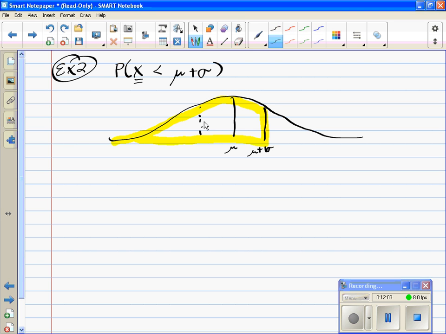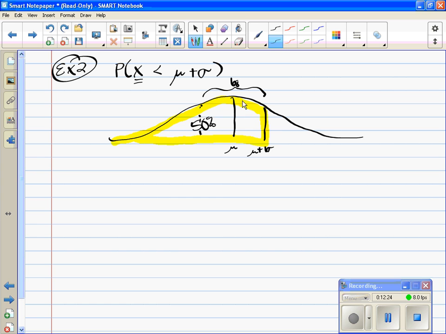Well, again, you know half of it is 50%. We know that the space in between one standard deviation either side of the mean is 68. So what does that mean this little section is? From here to here is 68.